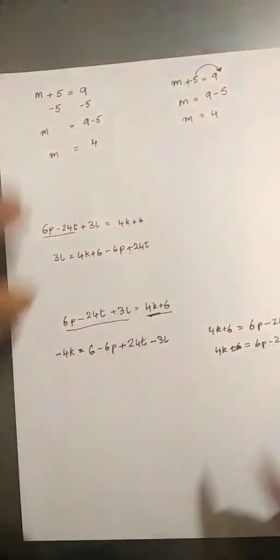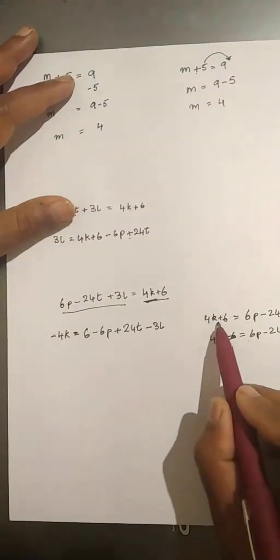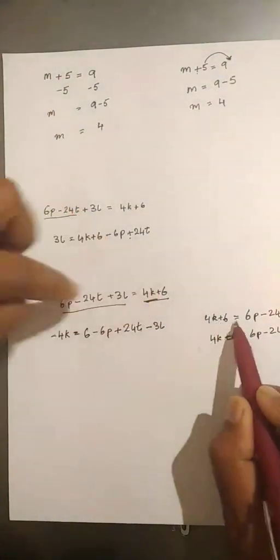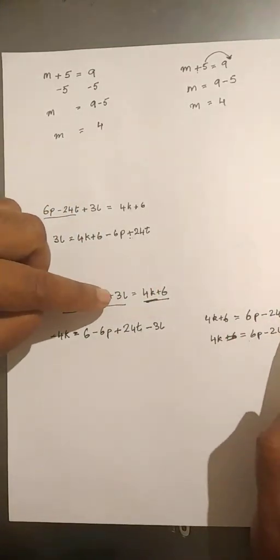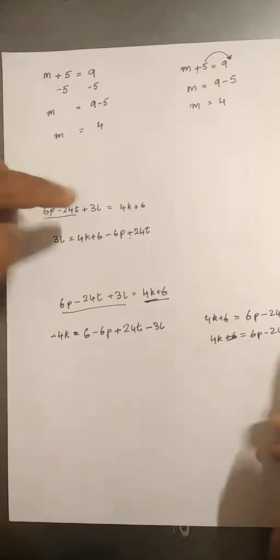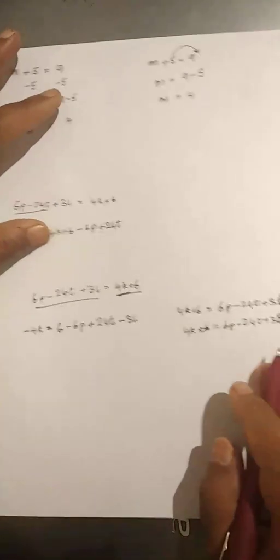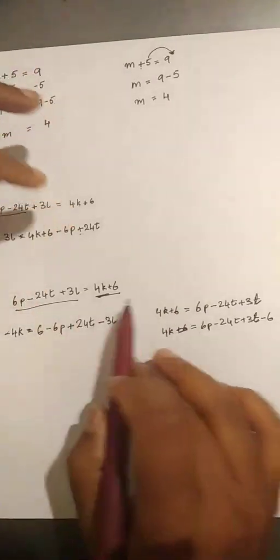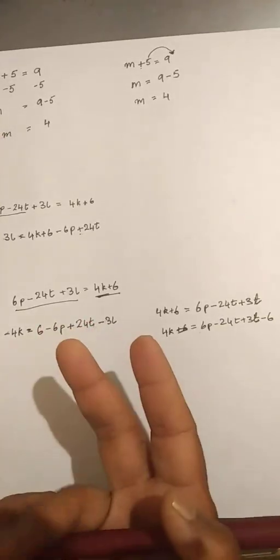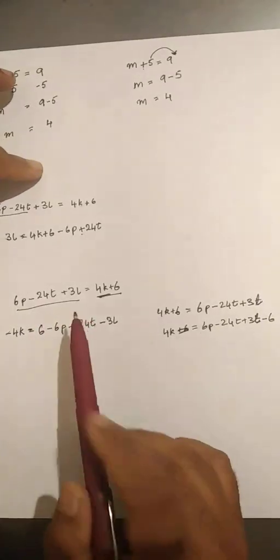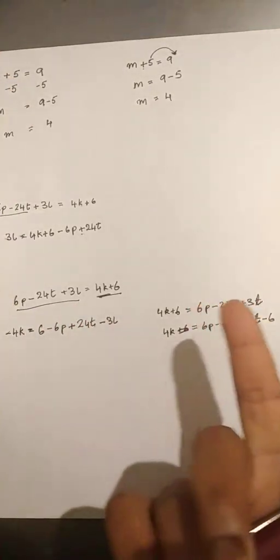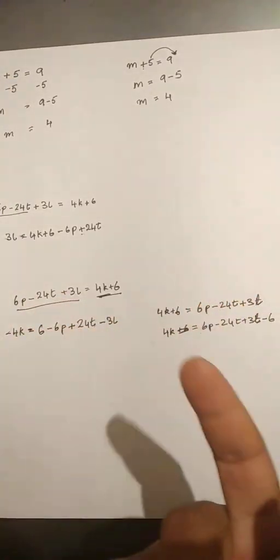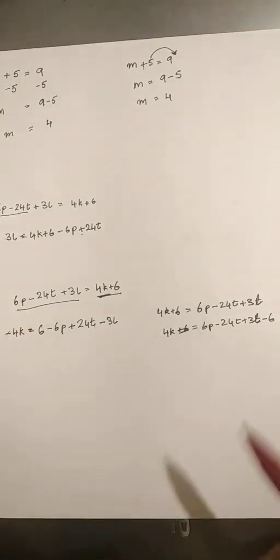How did we switch them? Well, they are equal. If they are equal, it does not matter whether we write it on the right hand side or on the left hand side, as long as we switch the entire left hand side for the entire right hand side.